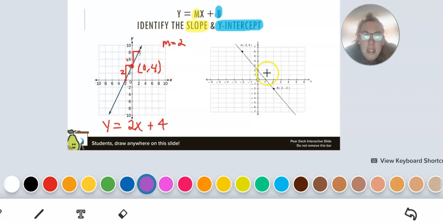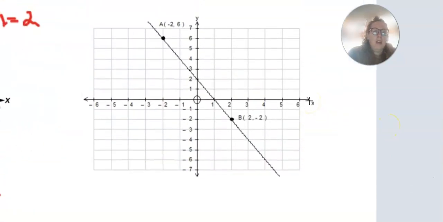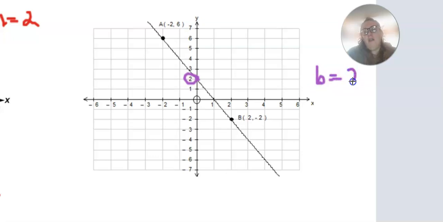Looking over to the right, I'm going to zoom in again to get a little closer. There we go. Our y-intercept is here at 2. That's our b value. And for our slope, we have some points labeled, so we can use those. We're counting how much we're going down: 1, 2, 3, 4, 5, 6, 7, 8.